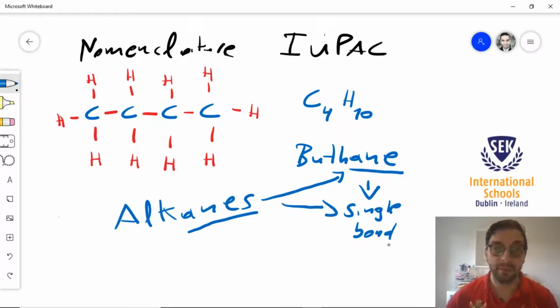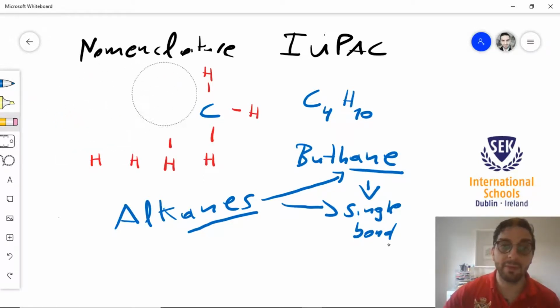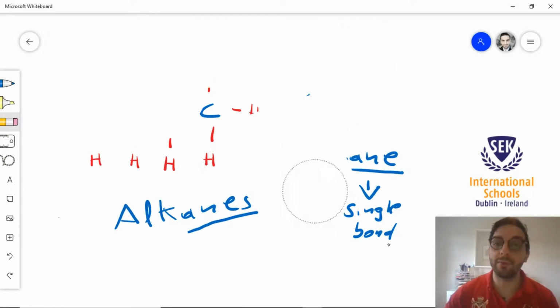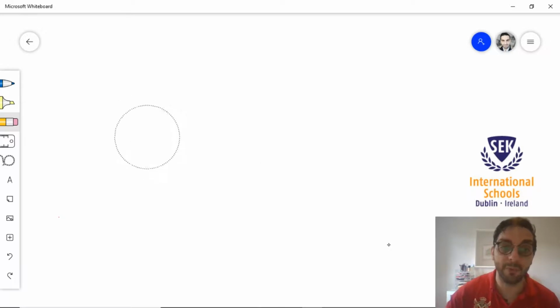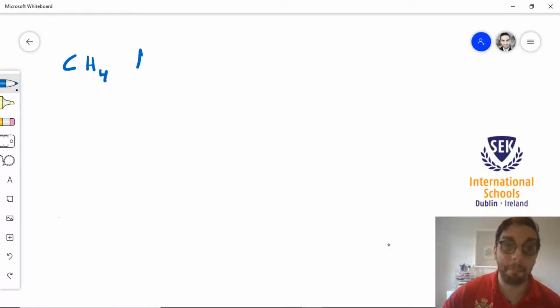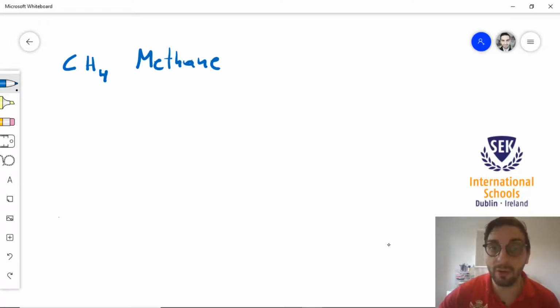Very good. So we have the first four, and we are going to write them together so we can see, and then we're going to see a different type of representation. Okay, so the first one, it will be CH, how many? Four. Very good. And this will be the name of methane. Methane. Different way of writing it.